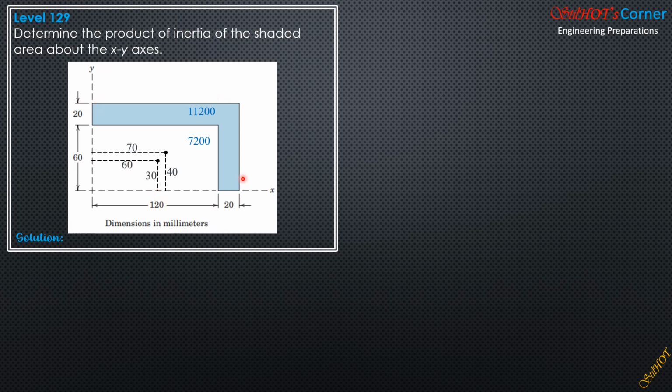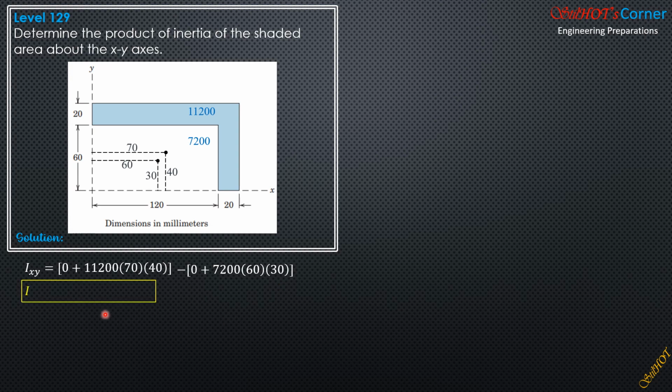So with respect to the centroid, 0, then we only have area times bar x bar y as the part of the product of inertia which has value. So 11,200 times bar x 70, bar y 40, then minus 0 plus 7,200 times 60 times 30. So computing, Ixy equals 18.40 times 10 to the 6 mm to the 4th.